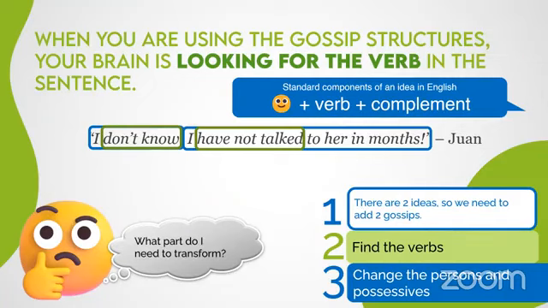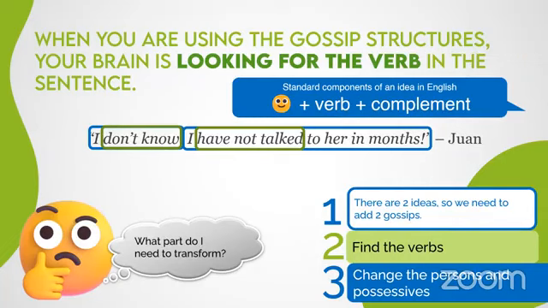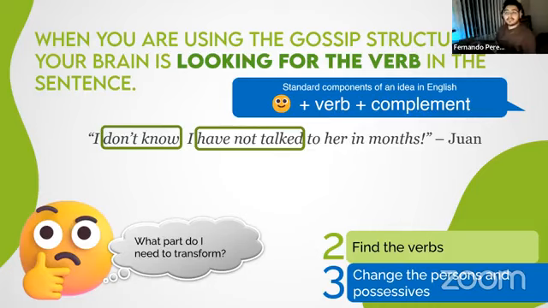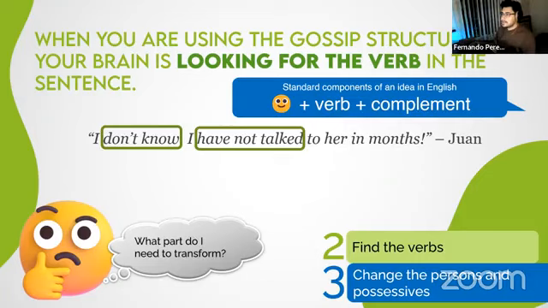Juan, no? So when you gossip, you cannot say I. What is the person corresponding to Juan? He. Exactly. The person Juan needs to transform to the person he.